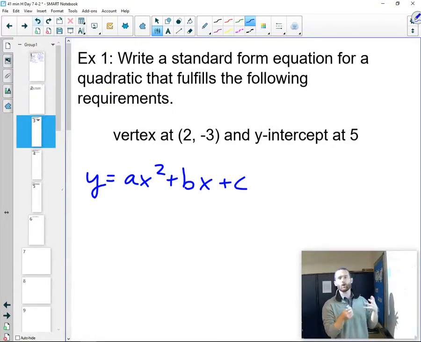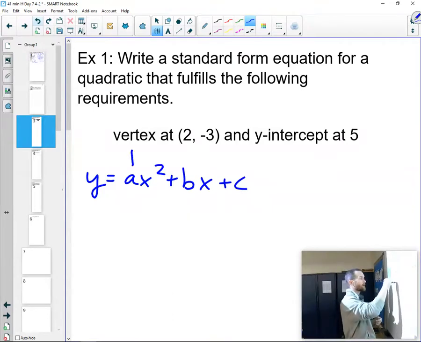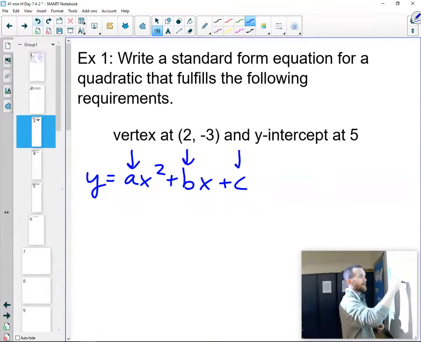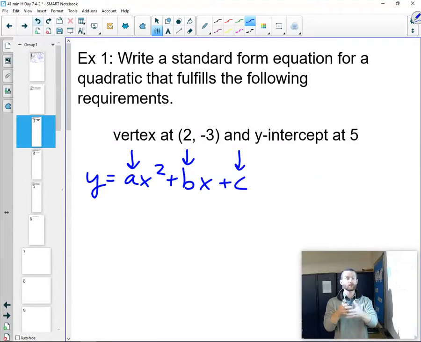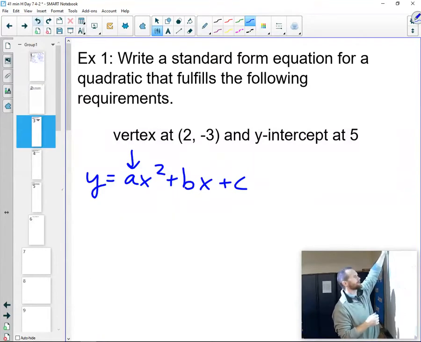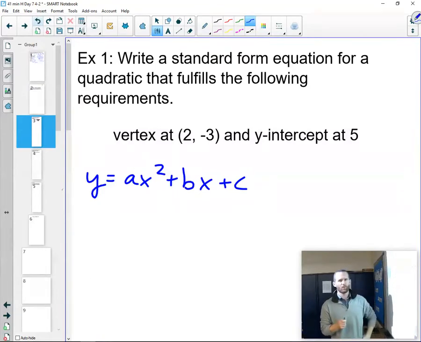So to end up with a quadratic equation, all we need is a number for a, b, and c. We just have to find 3 values, plug them in, and we'll be done. We'll have our whole standard form equation. Now, they've actually already given us one of these values, a, b, or c. Do you see which one they gave us?